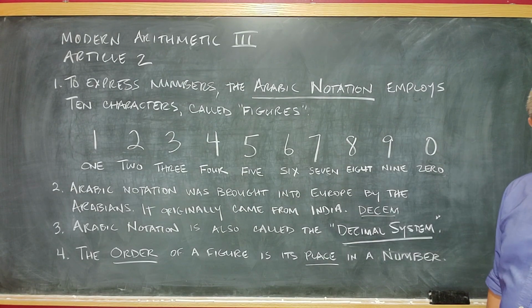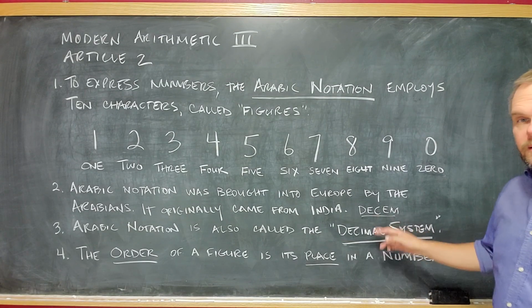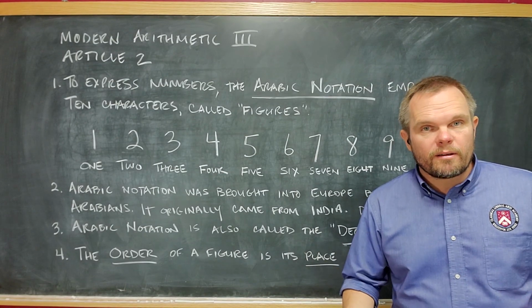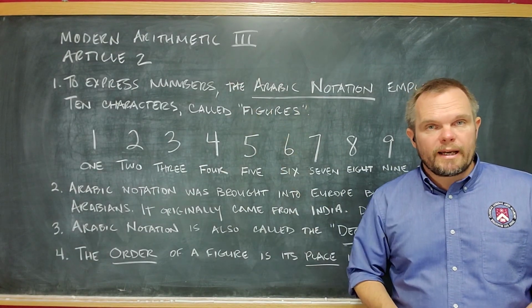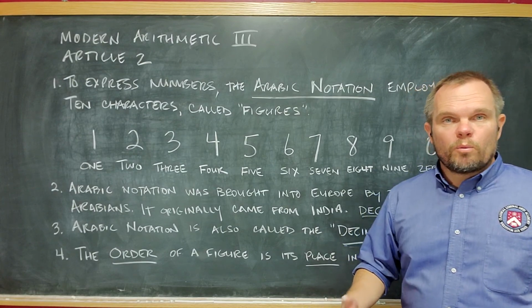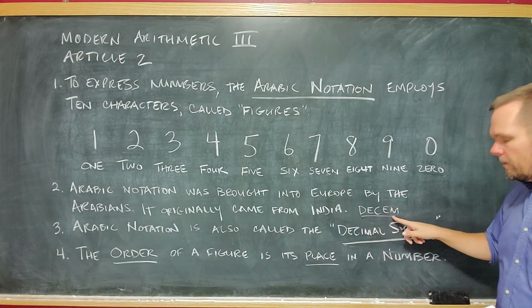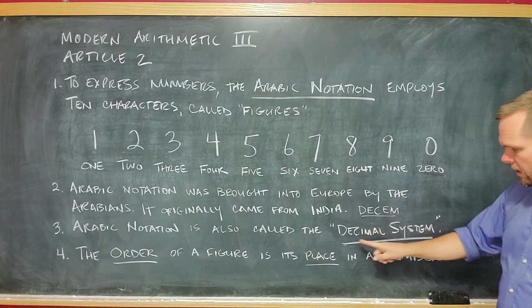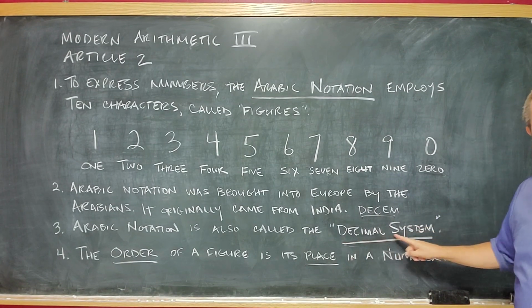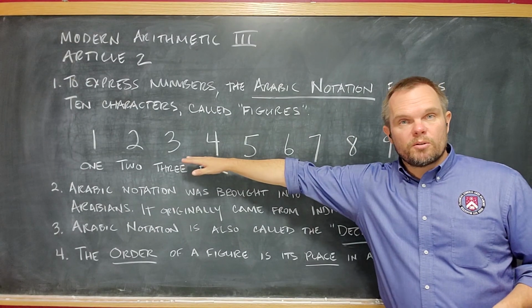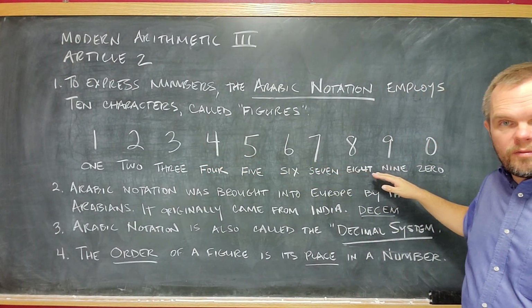Decem means 10. The month December actually means the 10th month, because in the ancient Roman calendar, December was the 10th month of the year. Decem means 10. The decimal system is the system of notation that uses 10 figures.